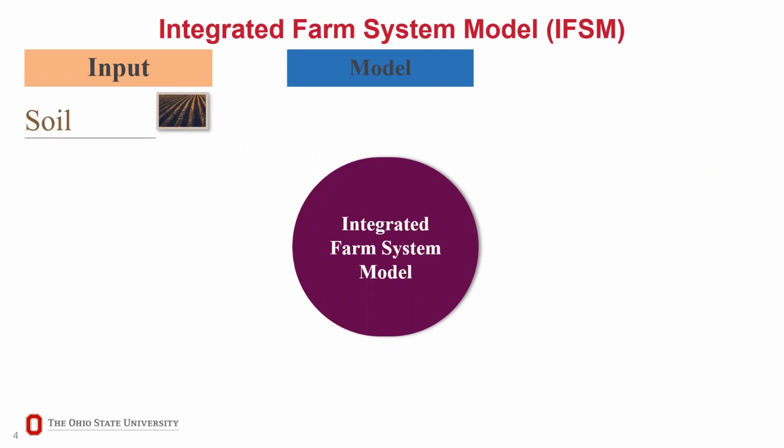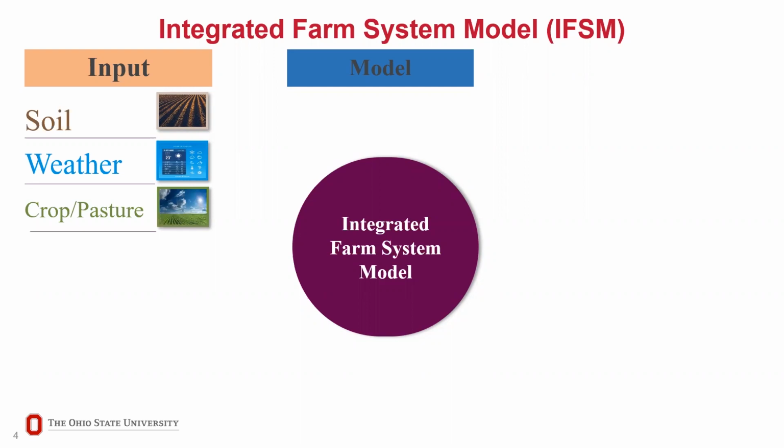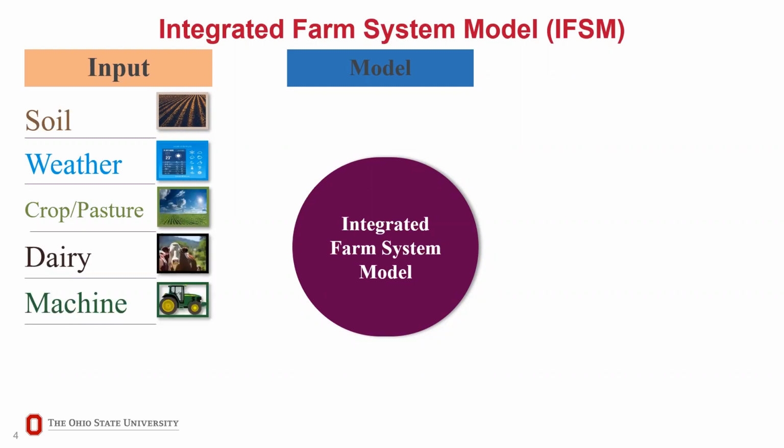We talk about soil information, like soil pH, soil carbon, or the major nutrients like nitrogen and phosphorus. And weather information like temperature, precipitation, humidity, and crop, dairy, machines, storage, as well as cost related information. These all could be the inputs for the model.